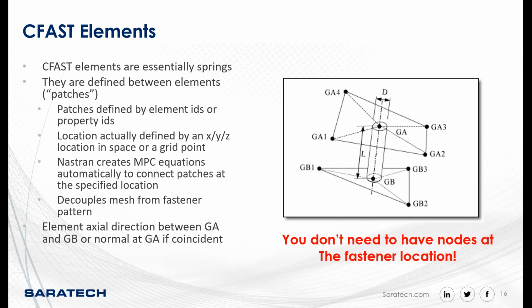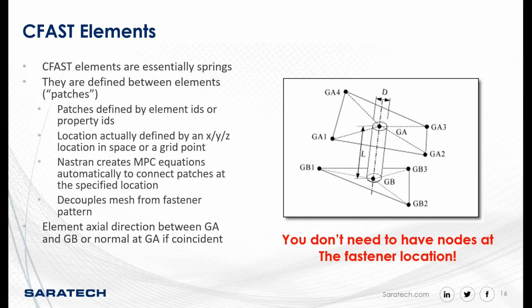What Nastran actually does internally is it figures out where your fastener element should be in space, projects that location out onto the element patches, and then it creates a node internally, automatically, a node that you don't see.